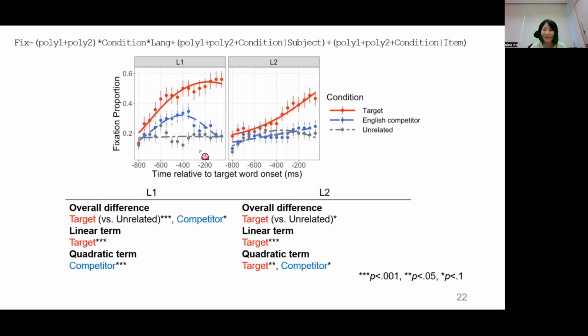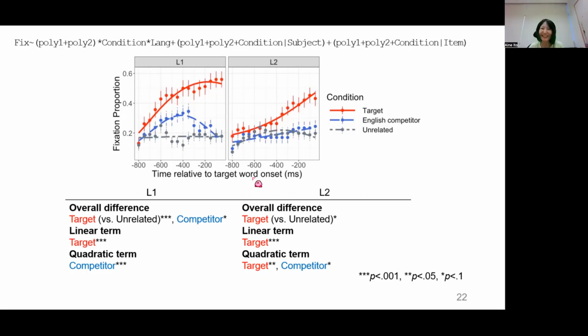Or one condition may have a clear peak and one condition doesn't. Right. And you're saying for the L2, it's the same, but that's mainly coming from the peak in the unrelated in the quadratic term. Yeah. And that's where the difference is. Do you guys get it? Yeah. Okay.